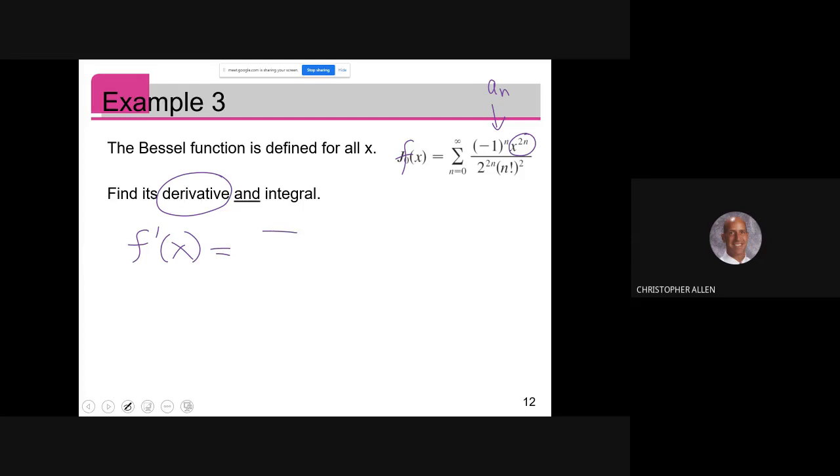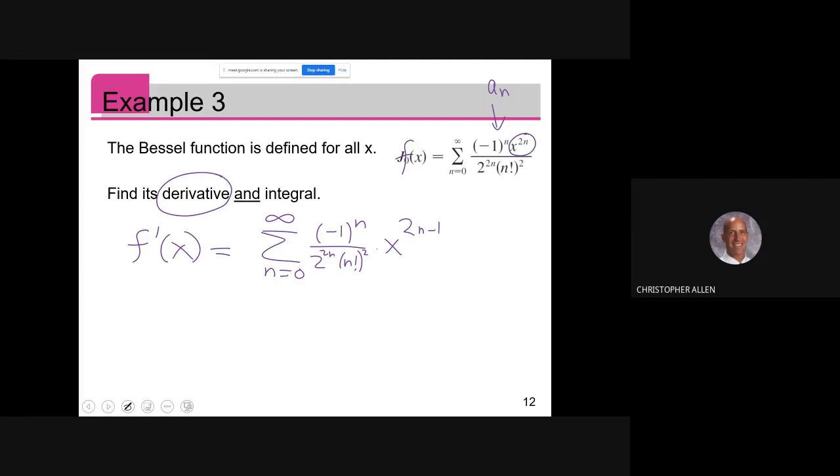Its derivative is going to be the sum from n equals 0 to infinity. Negative 1 to the n is not going to change. 2 to the 2n is not going to change. n factorial squared is not going to change. But guess what's going to happen to that x to the 2n? It's going to become x to the 2n minus 1.